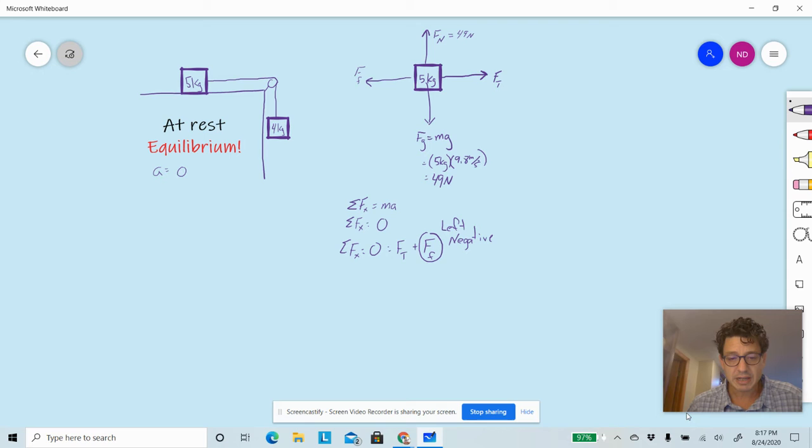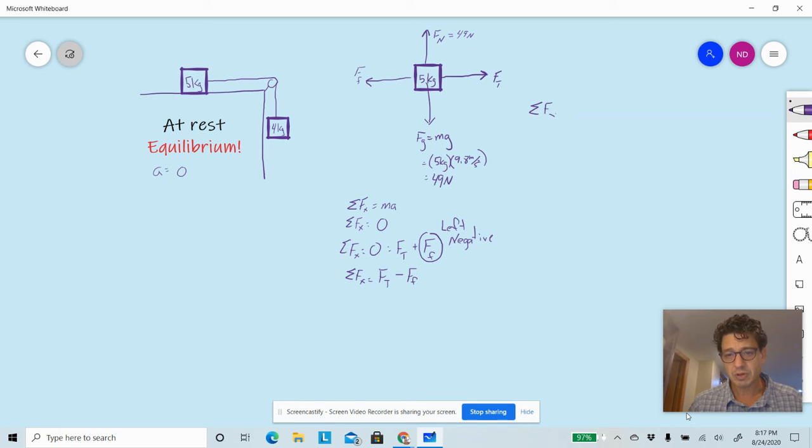So you could say the sum of the forces in the x direction equals the force of tension plus a negative force of friction, or minus the force of friction. We don't know what either of those two forces are just yet. But always separate these, do just the horizontal forces, and then you want to do the vertical forces.